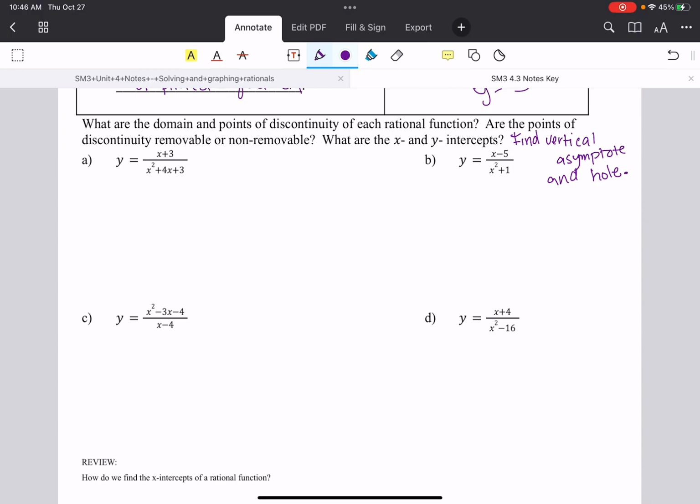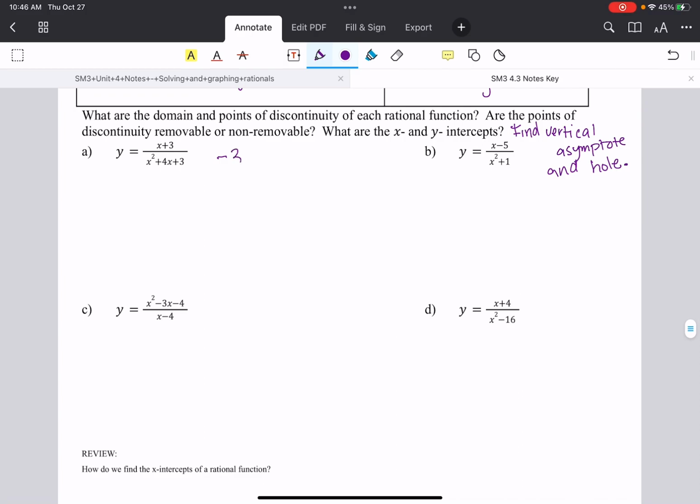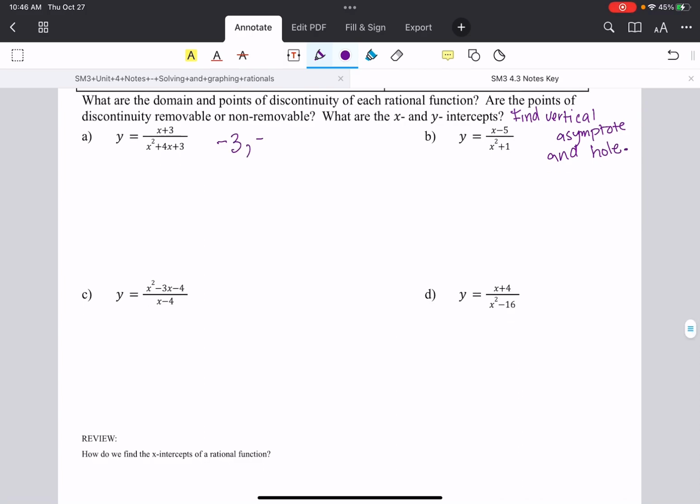What were the points of discontinuity for A? -3 and -1. So those were your discontinuities, correct?